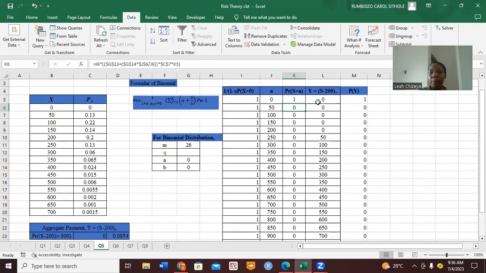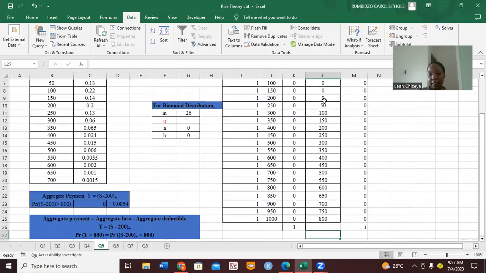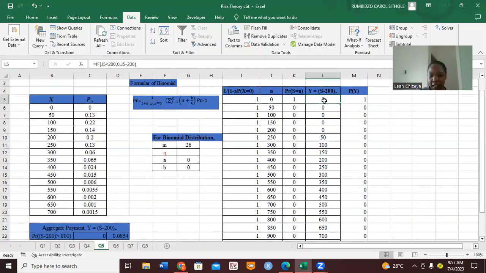As indicated, our Y is aggregate payment, our S is aggregate loss. So if we're looking for Y equal to 800, it means our S has to be up to 1000. Another special thing here is that because we have a deductible of 200, if our aggregate loss is anything less than 200, our aggregate payment will be 0.